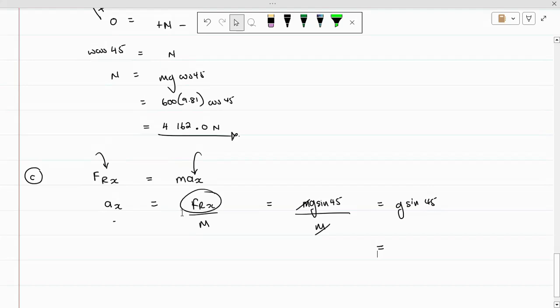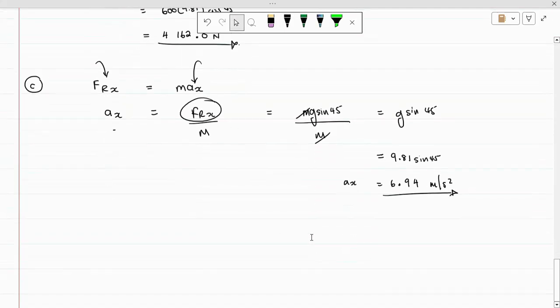That's also okay. So that's 9.81 multiplied by sine 45. Throw that into your calculator and it gives you an answer of 6.94 meters per second squared. That is your acceleration in the x direction.